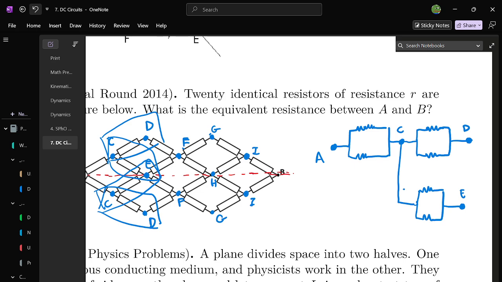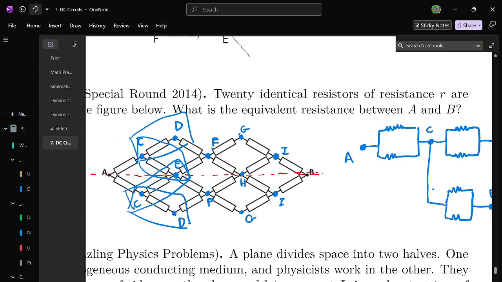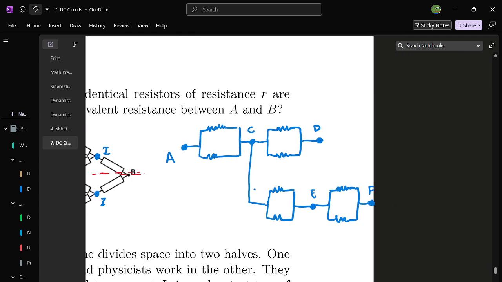So E is connected to F by two resistors. We can draw this. And D is also connected to F by two resistors. So why don't we just short F here, and then we just draw.